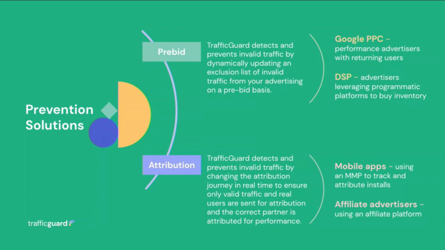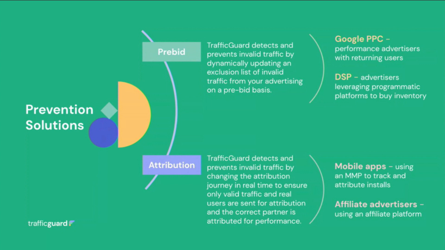So that is where we find that invalid traffic within your paid marketing channel. We then add it to an exclusion list, and we make sure that on a pre-bid basis, you never buy it again. So it's kind of like a desktop cleaner, finding that fraud and invalid traffic, excluding it on a pre-bid basis, so that all the bids subsequently do not include that fraud and invalid traffic.